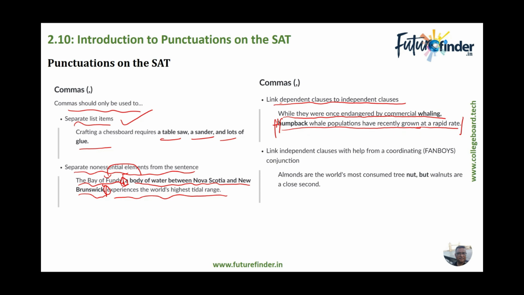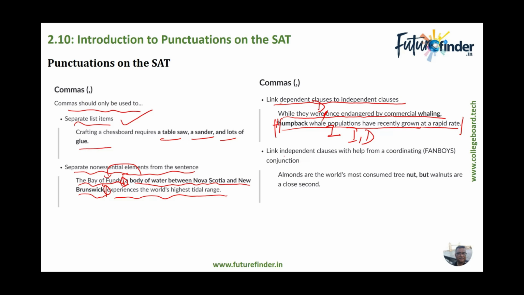It's perfectly an independent clause, but this part, while they were once endangered by commercial whaling, would not stand as an independent clause. So, this is the dependent part and this is the independent part. A comma is used to demarcate between a dependent and an independent clause or an independent and a dependent clause.